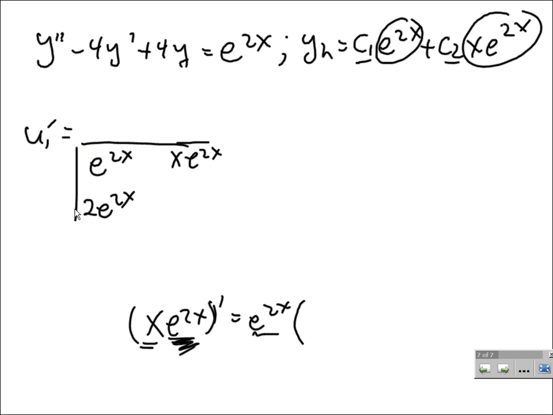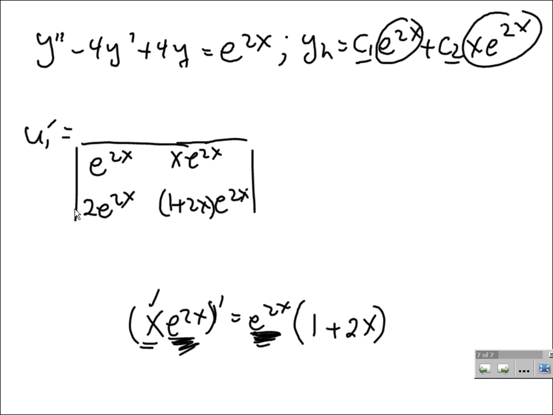So the e to the 2x is going to factor out. You get 1 times the second, plus the first times the derivative of the second, which will be 2 e to the 2x. That is the derivative: 1 plus 2x times e to the 2x.